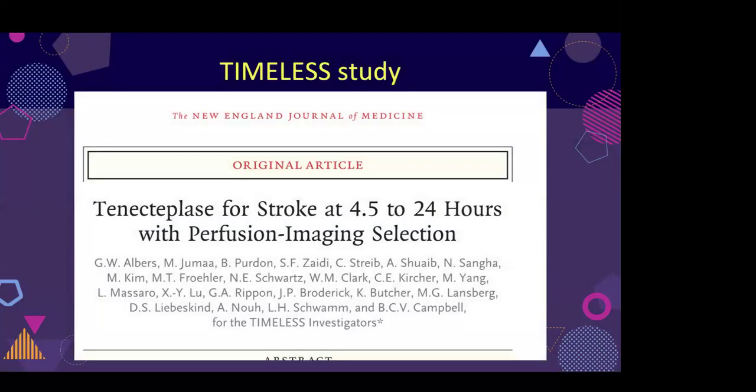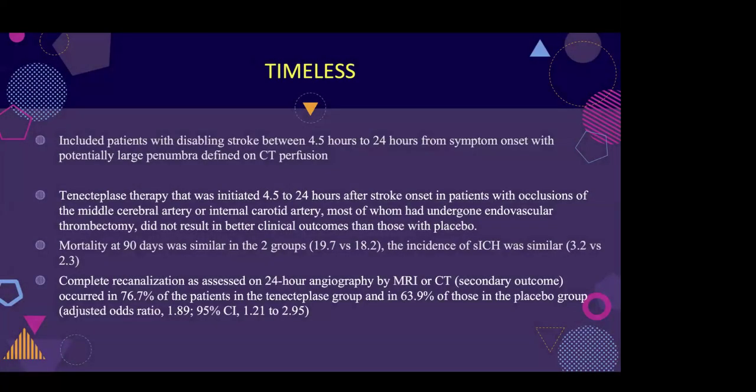Now, talking about TIMELESS, this is also a 2024 study, tenecteplase for stroke at 4.5 to 24 hours with perfusion imaging selection. It included patients with disabling stroke between 4.5 and 24 hours from symptom onset with potentially large penumbra defined on CT perfusion.